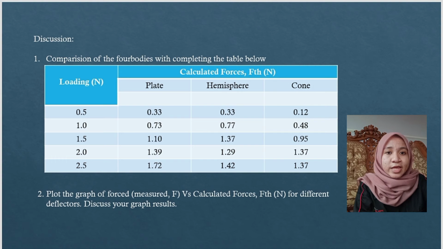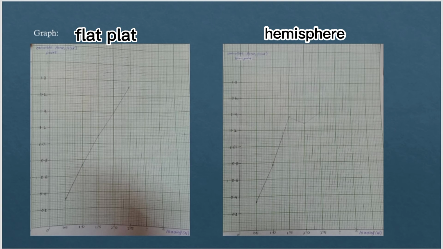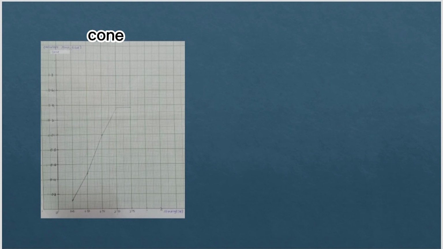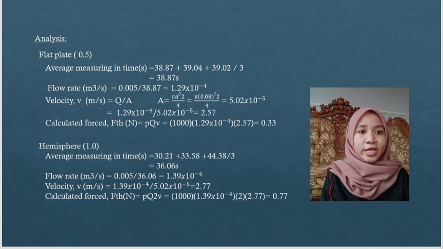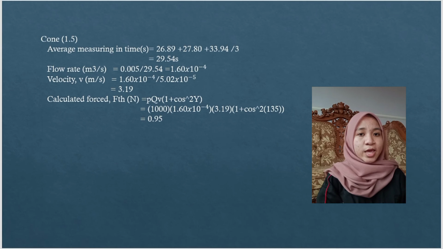And for the next slide, we'll show the graph results. This shows the analysis for the plate at data 0.5 and the hemisphere at data 1.0. And here shows the analysis for the cone at data 1.5.